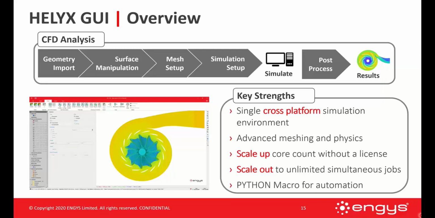And then finally, there's a Python macro for automation. I did a webinar earlier in the year on how this is set up, how we can record journals while we're using the GUI, and then automate this process and do a lot of meshing, setup, and solving within the Python macro itself.